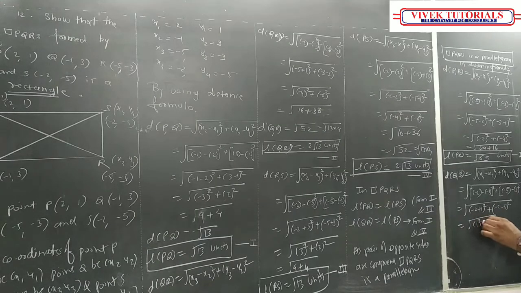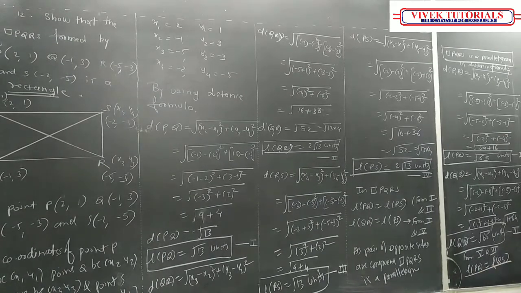That is 1 square plus minus 8 square, equal to 1 plus 64, so length QS is root 65 units. This is equation number 6. And at last, in this parallelogram, the diagonals are also congruent, therefore I can write from 5 and 6, length PR is equal to length QS.